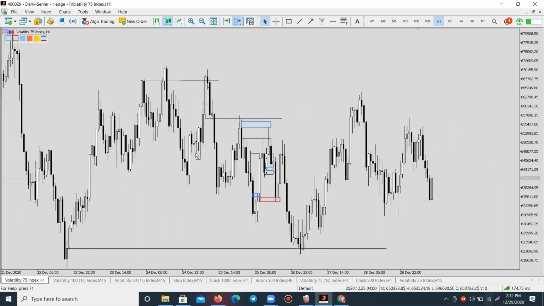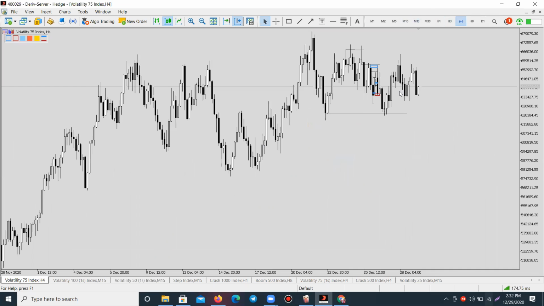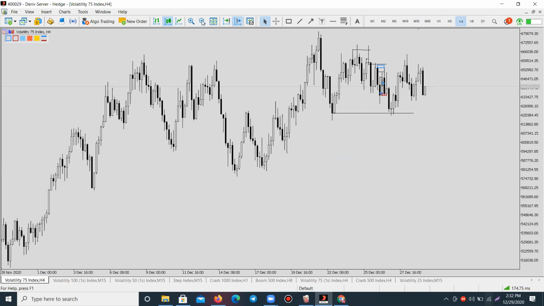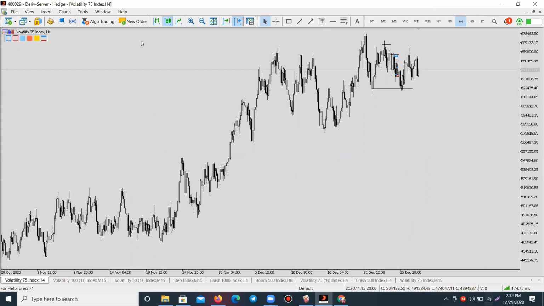So if you check this area, you understand that we have a market that is playing inside one range. Where is that range? The range is here.